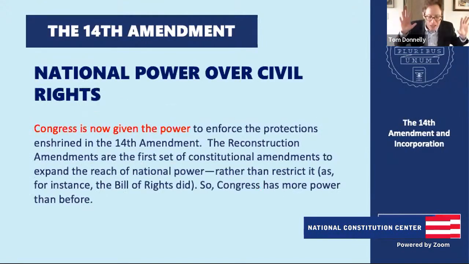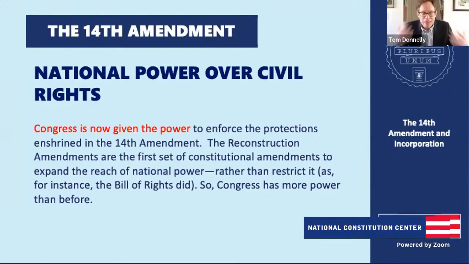The last key point is national power over civil rights. That's Section 5 of the 14th Amendment. This is where Congress is now given the power to enforce the protections enshrined in the 14th Amendment. The Reconstruction Amendments, the 13th, 14th, and 15th, are the first set of amendments to expand the reach of national power. So the national government has more power than it did before.